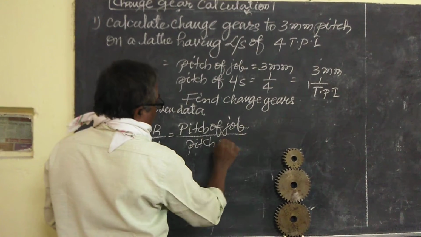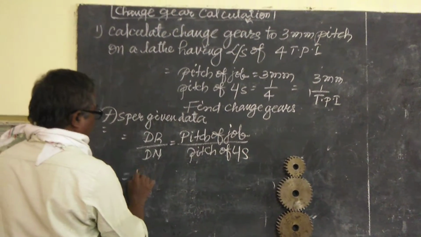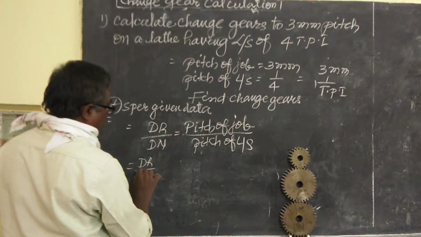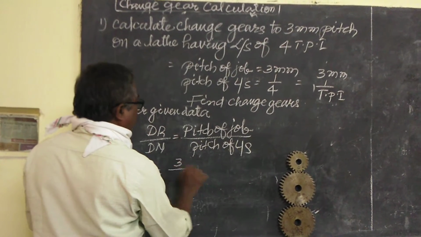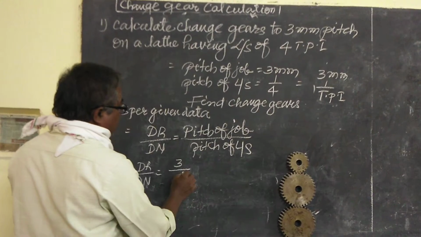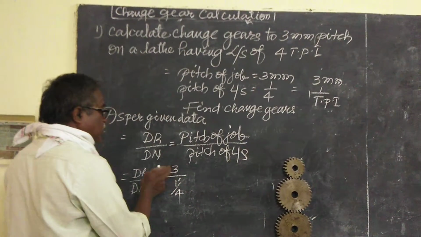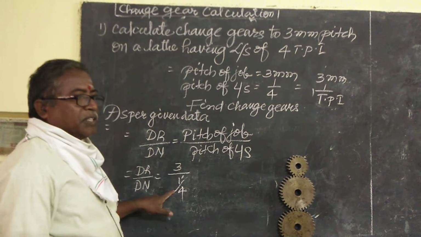Pitch of job, how much? 3. Pitch of lead screw, 1/4. So this is in inches. To convert it, the millimeters have to be converted to inches, or the inches to millimeters.